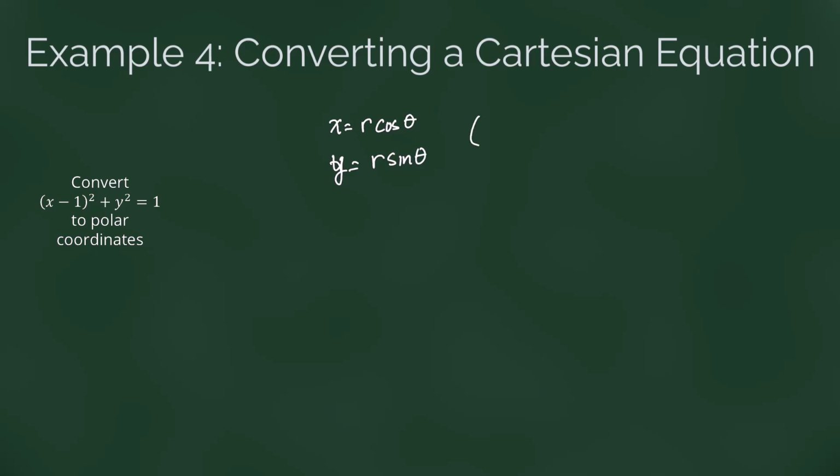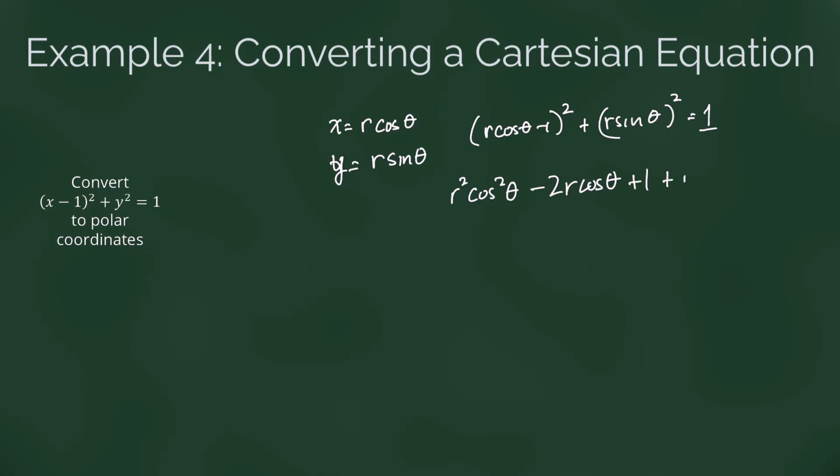So this is going to become r cosine theta minus 1 squared plus r sine theta squared equals 1. We'll expand this out so we get r squared cosine squared theta minus 2r cosine of theta plus 1 plus r squared sine squared of theta is equal to 1.